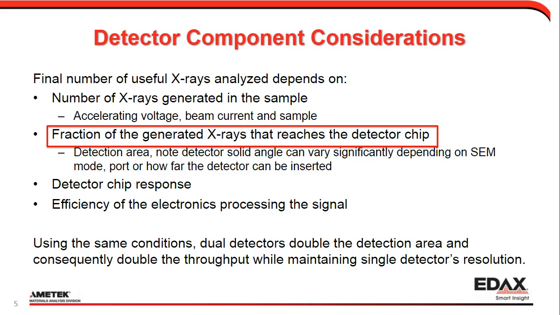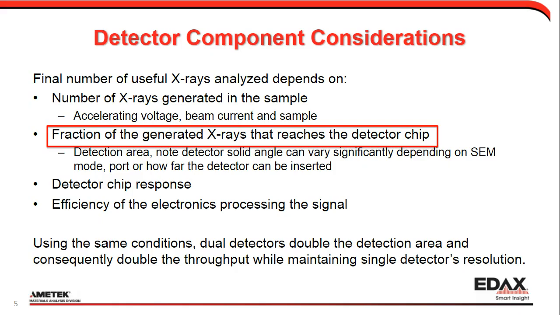The input count per second seen by a given EDS detector is highly dependent on the sample, electron acceleration voltage used, and the beam current at the sample. Keeping these parameters the same, the number that is considered to have the biggest impact on the input count per second is detector chip area.